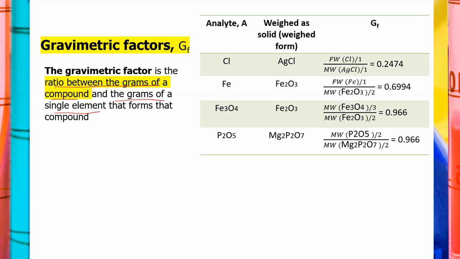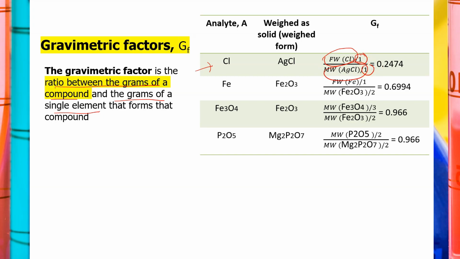This is an example of the calculation. Let's say in the first example, to calculate the GF of chlorine inside silver chloride, you must do the ratio between the element needed and the product form. To get the GF, first you must do the ratio of the atomic weight of chlorine over the molecular weight of silver chloride.